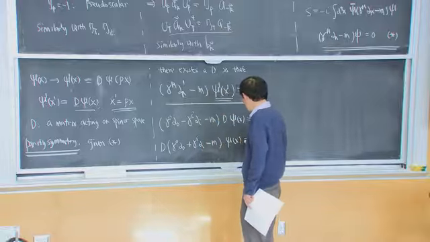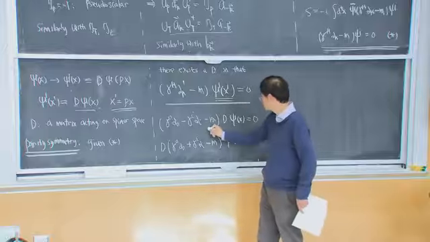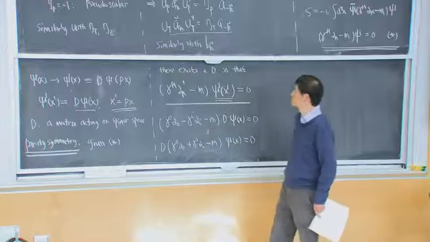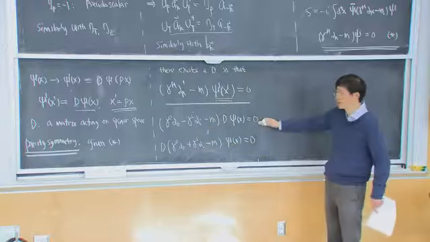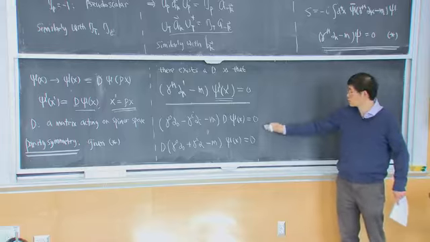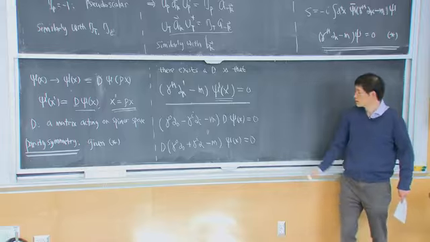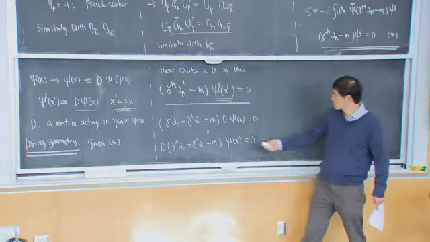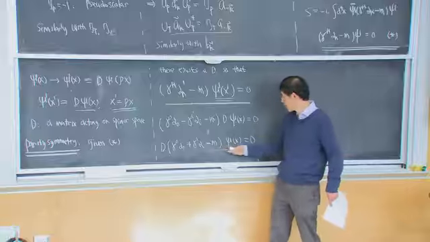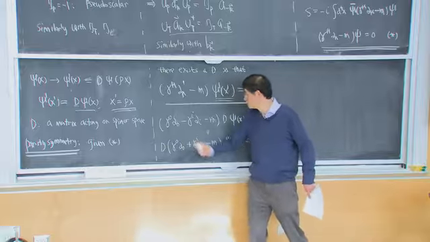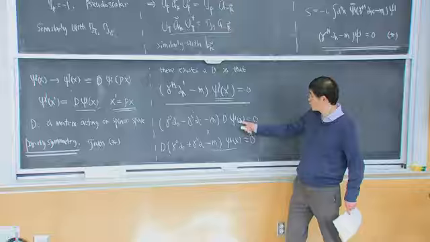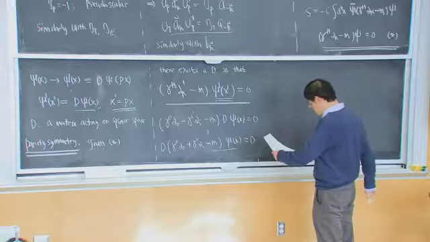This is the original equation, and now we want these two equations to be equivalent, because given this equation, we should have that equation. In order for them to be equivalent, the last term is the same because m is just a number that commutes with D.